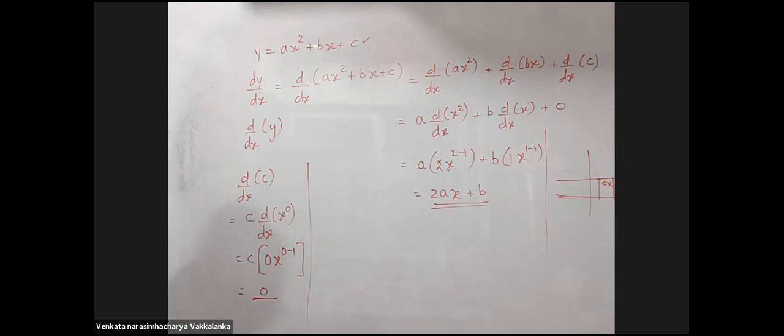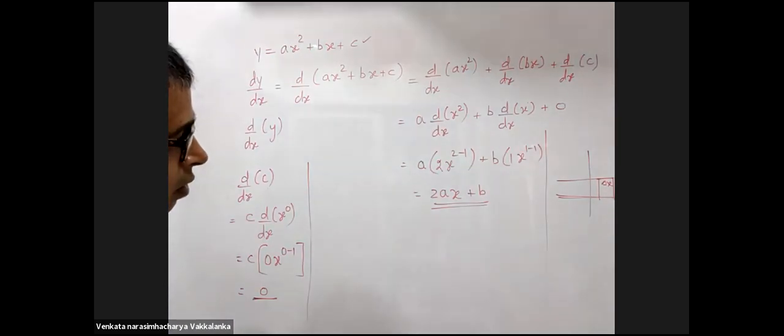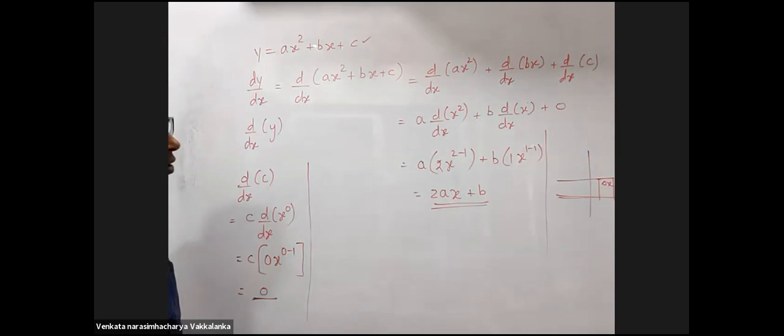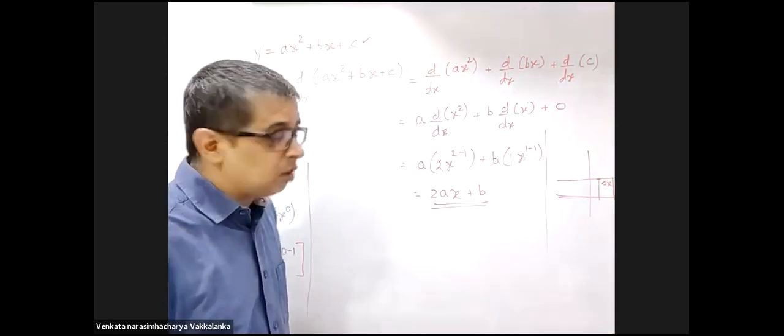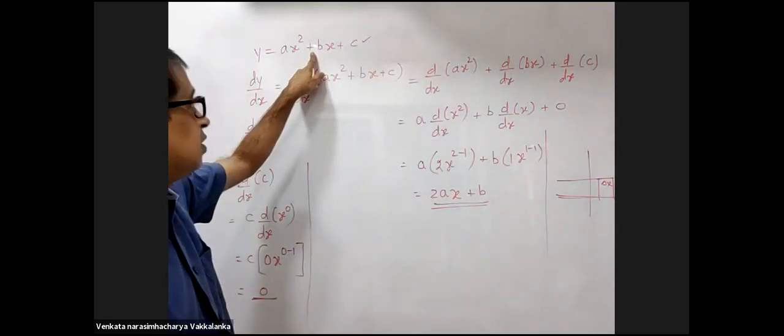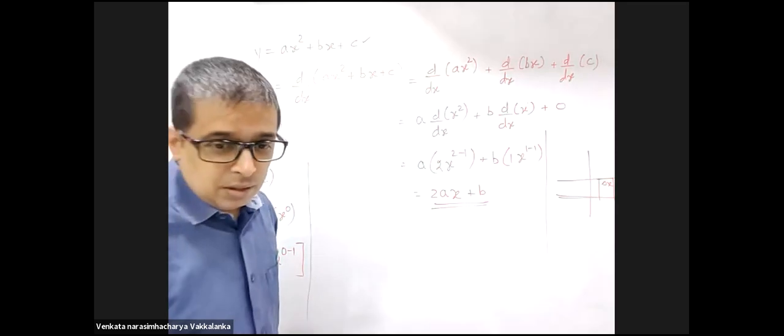Tell me when I can rub the board. Sir, I have a doubt. Sir, if y equal x, then can we find differentiation of y with respect to p? It's a chain rule. We will come to that at a later stage. Right now, if y is a function of x, I can differentiate only with respect to x. Okay, sir.